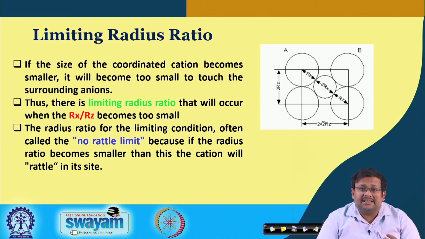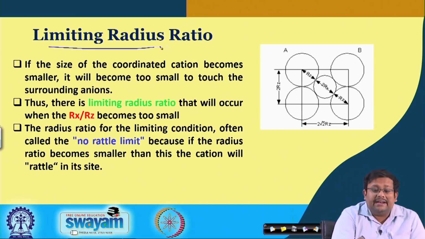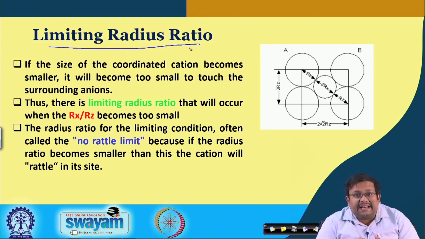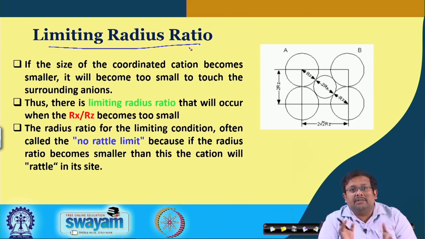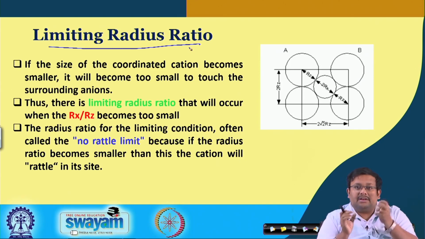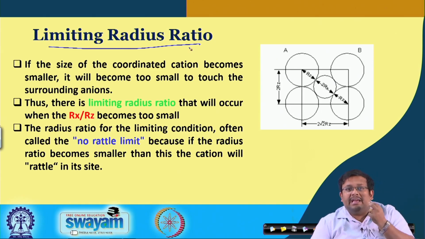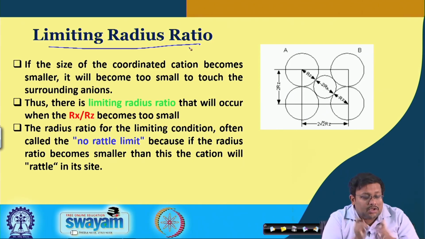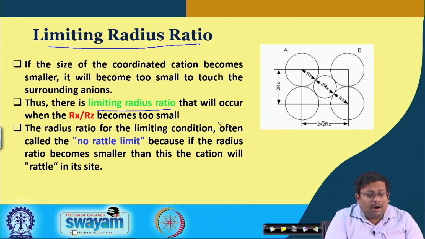Now, while we are discussing this, another important aspect we have to discuss is called the limiting radius ratio. If the size of the coordinated cation becomes smaller, it will become too small to touch the surrounding anions, which are larger in size. So, there is a term called limiting radius ratio that occurs when Rx by Rz becomes too small.